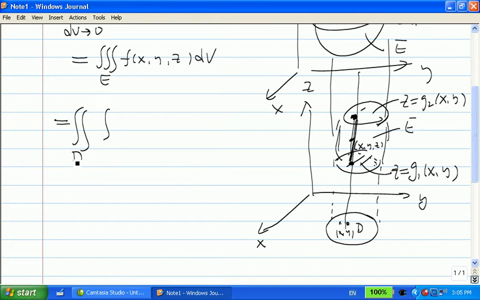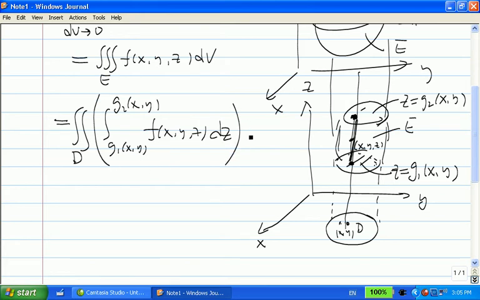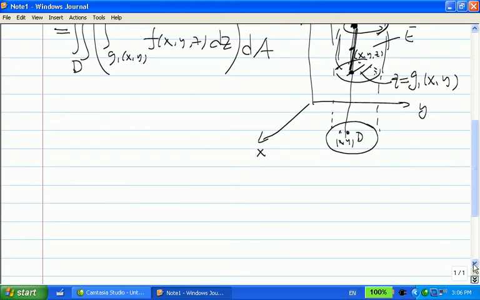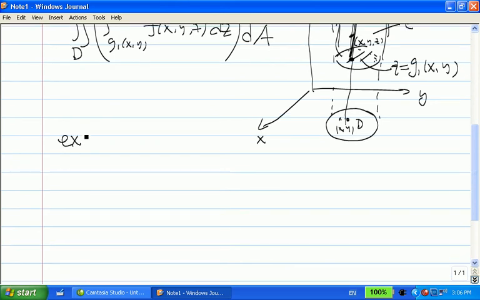Your xy is in the region D, and your z is bigger than g1(x, y) and less than g2(x, y). So the integral of f(x, y, z) dz, with z between those two, and then dA. After you have done this, you change your triple integral into a double integral. Once you get a double integral, we can use the things we learned before to find it.